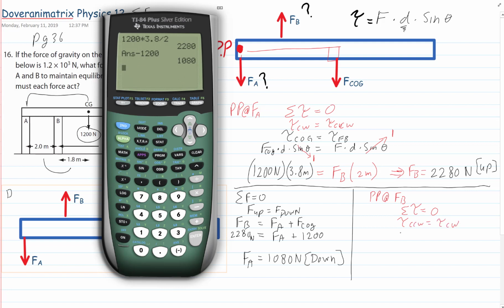The torque counterclockwise is the torque caused by FA, and the torque clockwise is the torque caused by the center of gravity. Again, let's just try to picture it, and we'll put in the pivot point here, and this is clockwise, and this is counterclockwise. So that's why the torque of A has to equal the torque of the center of gravity.